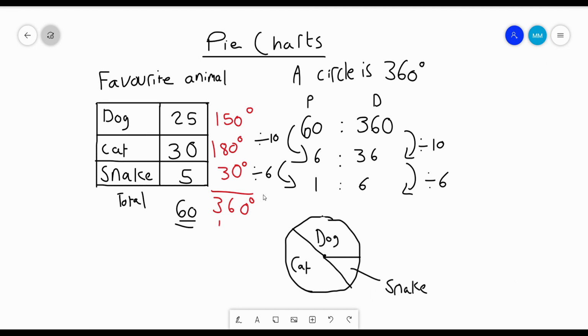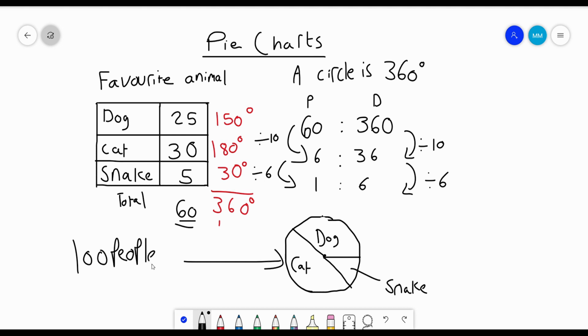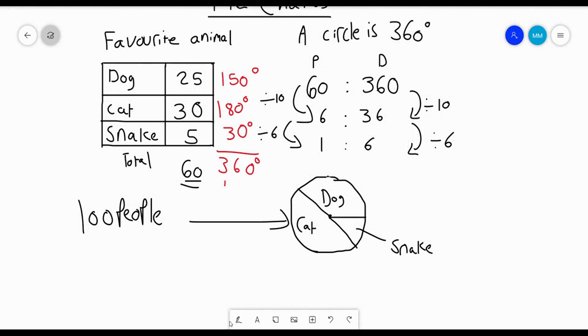You could be asked the other way. You could be given the pie chart. You could have been told another type of question, that you have the pie chart and let's say this pie chart is worth 100 people. Work out what each section is worth in terms of people.